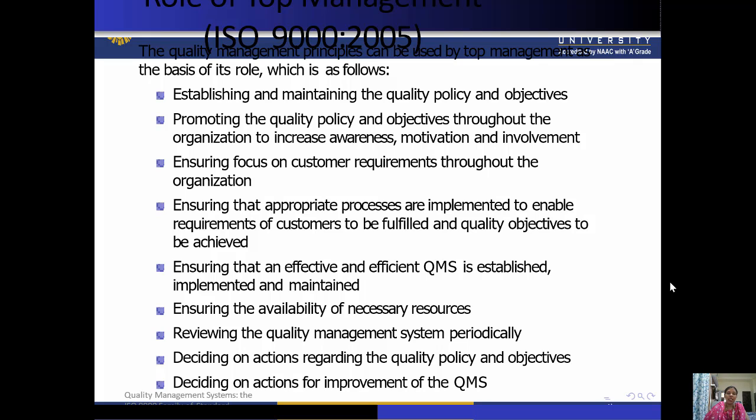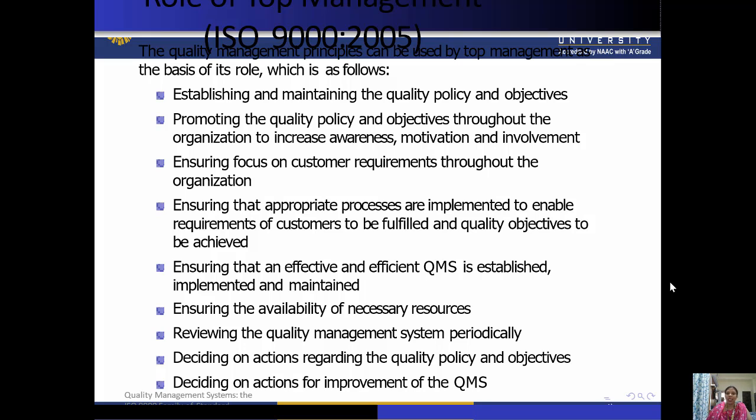Now next is also ensuring that appropriate processes are implemented to enable the requirements of customers to be fulfilled and quality objectives to be achieved. So again it is important that top management should ensure proper implementation of the processes to meet customer requirements and achieve the quality objectives.